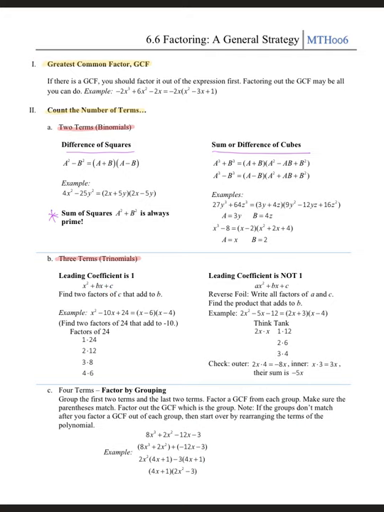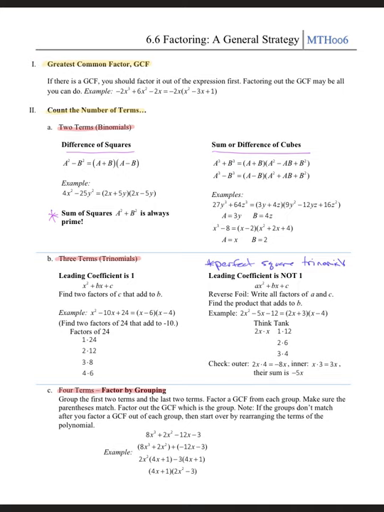There's also the idea here of the perfect square trinomials that have different properties as well. So you want to make sure you go back and look at the perfect square. They will fall into one of these two categories, but it just makes it easier to factor if you can recognize it. And lastly, when you count the terms, if you have four terms, you want to factor by grouping.